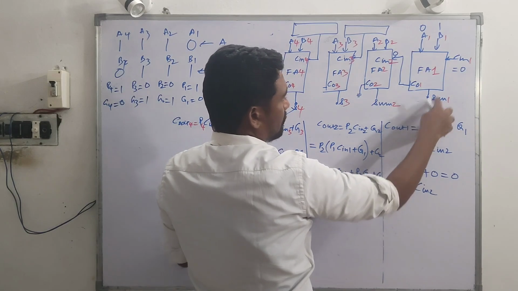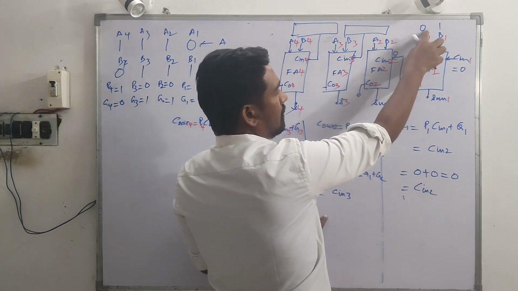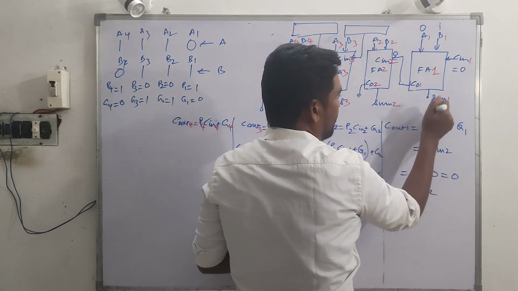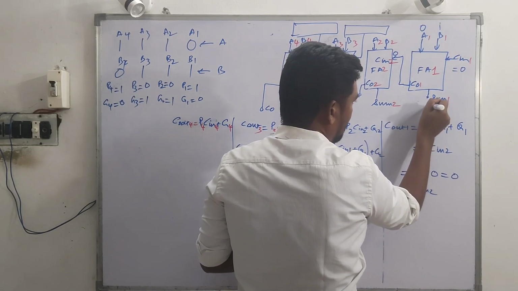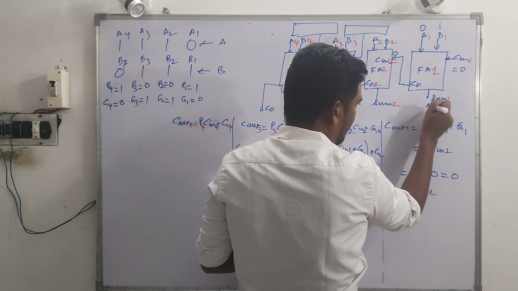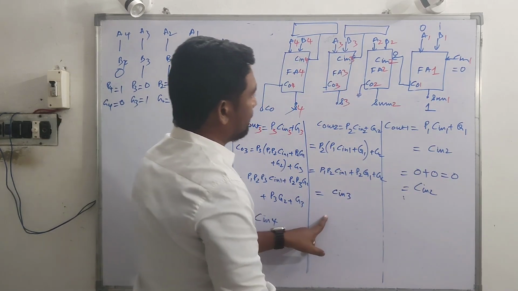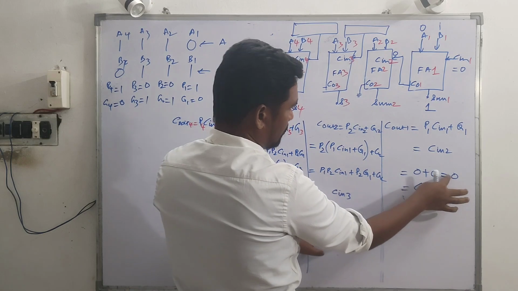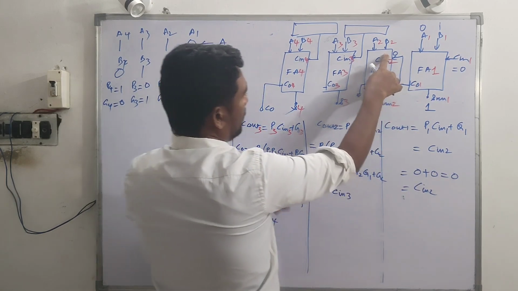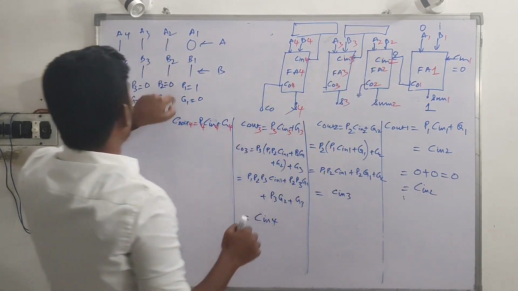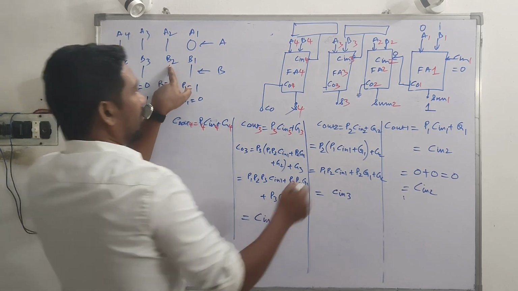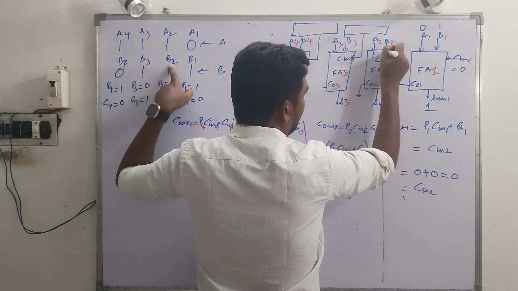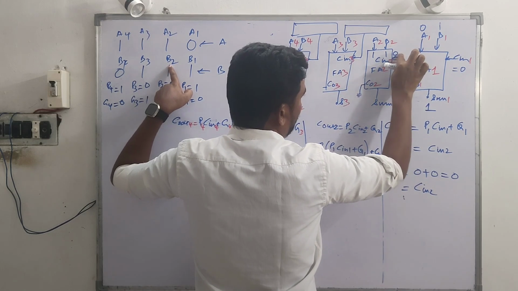So the sum will be the exclusive OR operation: 0 and 1 exclusive OR is 1, and 1 and 0 exclusive OR is 1. So for this input, the sum is 1. The carry out is found to be 0, which is also the input to this one. And what is A2, B2? A2 is 1, B2 is 1. Here we're going to have 1 over here, 1 over here, and it's a 0.